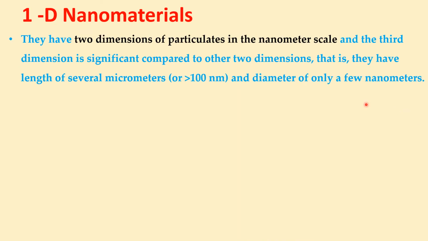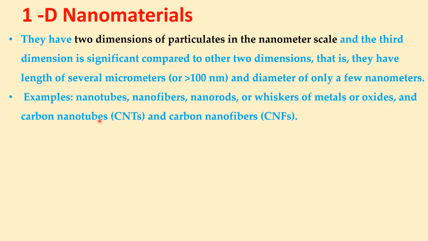In one dimension nanomaterials, they have two dimensions of particles in nanometer range, and the third dimension is not. So it is one dimension in nano. Then we can say that they have a length greater than 100 nanometer and a diameter of very few nanometers, less than 100 nanometer.